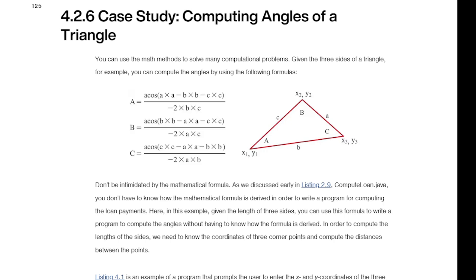Then we're going to calculate the lengths of A, B, and C. And then once we have the lengths A, B, and C, we'll calculate the angles A, B, C, capital A, B, C. So we'll kind of do this in parts. We'll enter these 3 points, we'll calculate A, B, and C, and then we'll calculate angles A, B, and C. So that's what we're going to set up here.